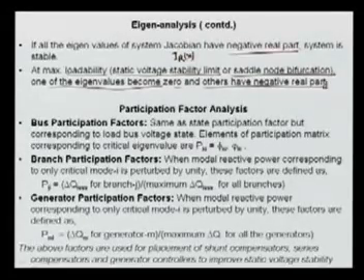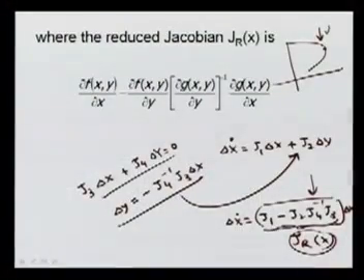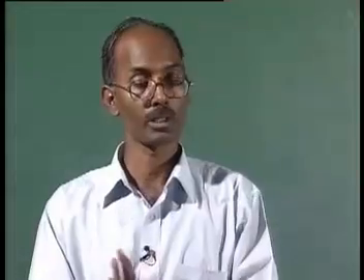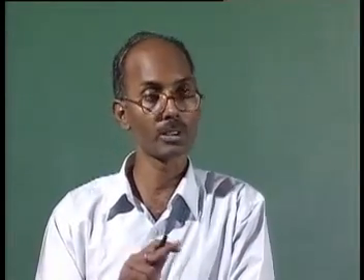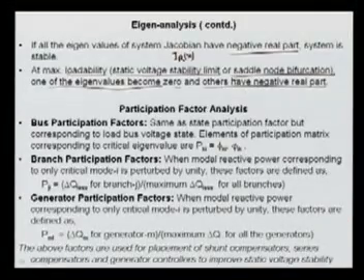The Jacobian becomes singular, meaning one eigenvalue, lambda i, will be 0, and the remaining will have negative real parts. So at the higher loading condition, this is the saddle node bifurcation case, the nose point, or static voltage limit case. We can obtain this by knowing the eigenvalues.